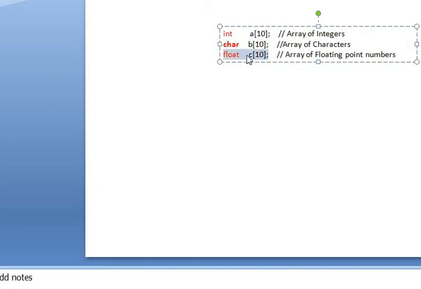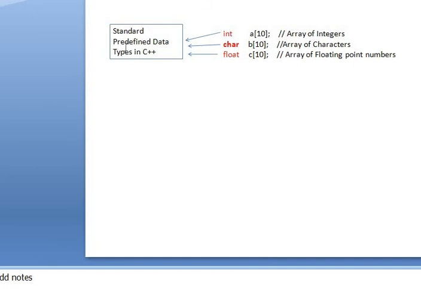And the third statement declares an array variable C that can also hold at the most 10 floating point numbers. And that's the reason its data type is float. Now what type of data types are these? These are the standard predefined data types used in C++.